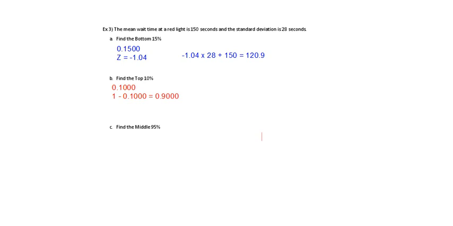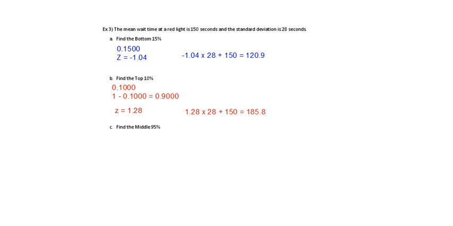And if you look it up, the z-score for 0.9000 is 1.28. Now we're ready for our formula. So it's going to go 1.28 times 28 plus 150. And that's equal to 185.8.